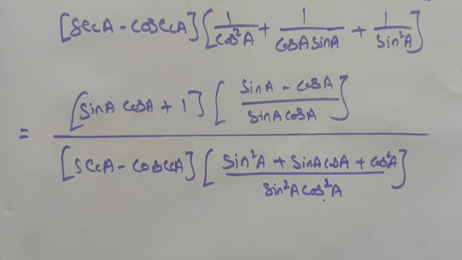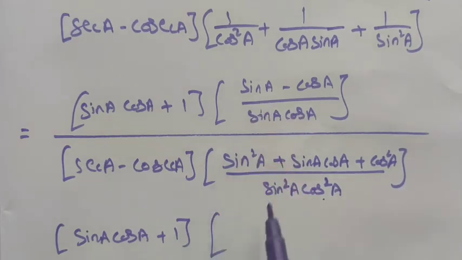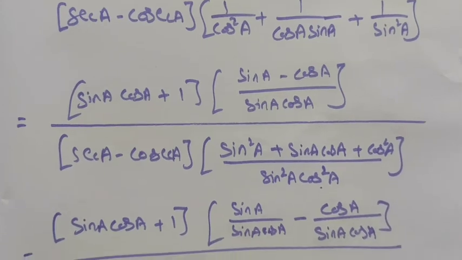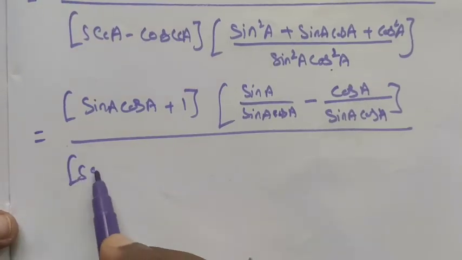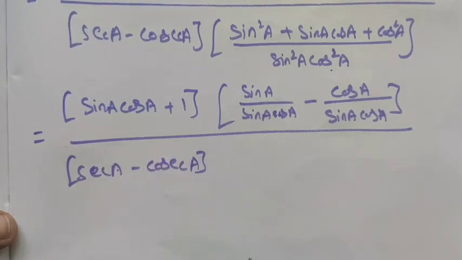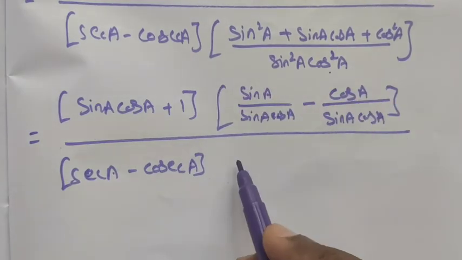And then next, in the numerator we have sin A cos A + 1. Here I am going to split the terms, sin A cos A in the denominator. So the denominator is common to both, I separate the numerator as it is, sin A cos A whole divided by (sec A − cosec A) and then this term sin²A + cos²A is equal to 1.